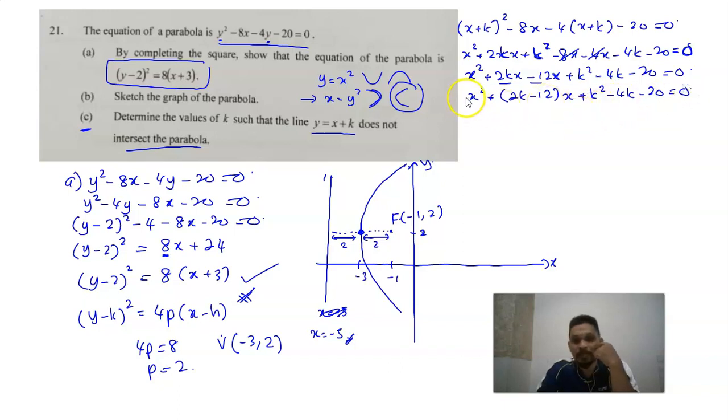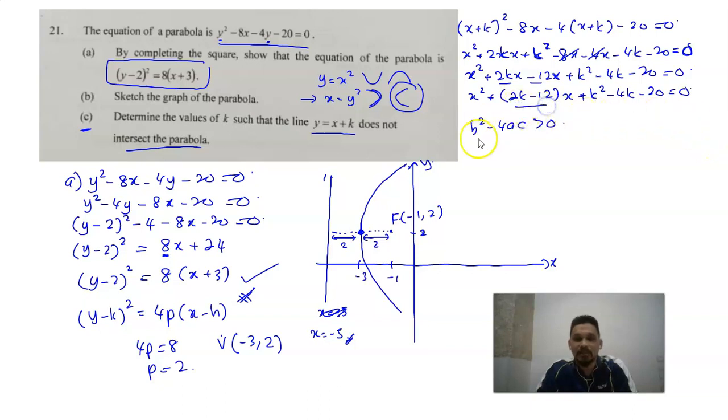So the coefficient of x squared, a, equal to 1, the coefficient of x is 2k minus 12, and c here is k squared minus 4k minus 20. So if this line does not intersect the parabola, we use the term of b squared minus 4ac greater than 0.